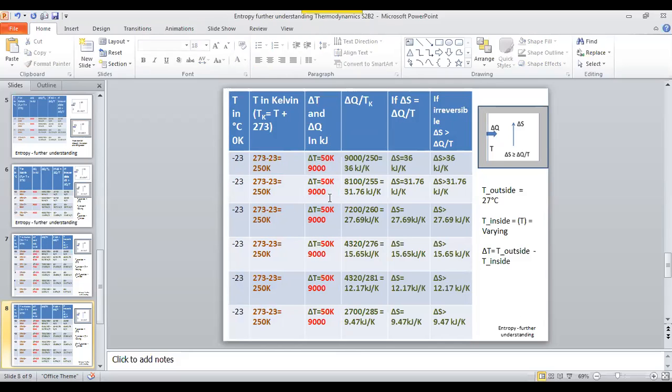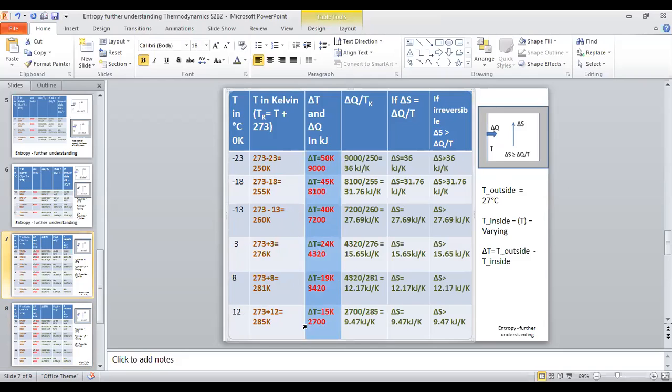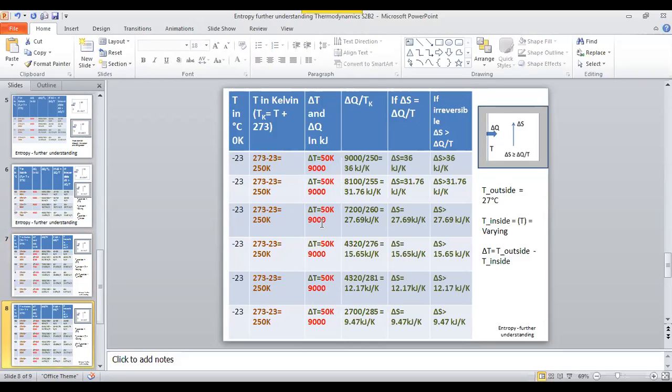Same delta T. But now your delta Q is the issue, because let's say we are thinking of going for better insulations.